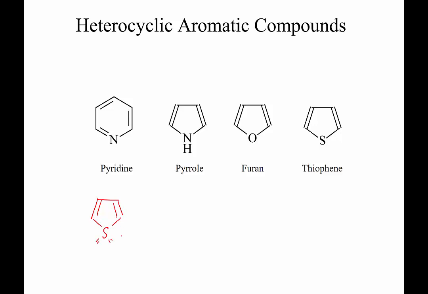If I said, is that sulfur basic? It means, is that sulfur able to use one of those two lone pairs to bond an H plus? Actually I wouldn't even have to ask, I'd just go, it has two pairs. Whether one of those can contribute or not, I'm still going to have one left over.